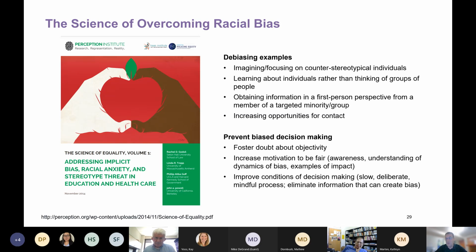So for example, if judges know, or if law enforcement officers know that sometimes they may be subject to subconscious bias, if they are made aware of that through a training program, if they get a better understanding of the mechanisms behind it, maybe even listening to this presentation here today, having examples of the impact, it instills in them the desire to try to be more fair, and that reduces the biased decision making.